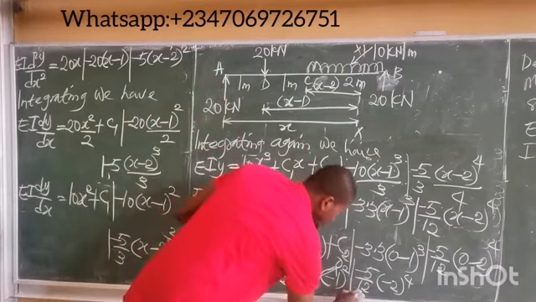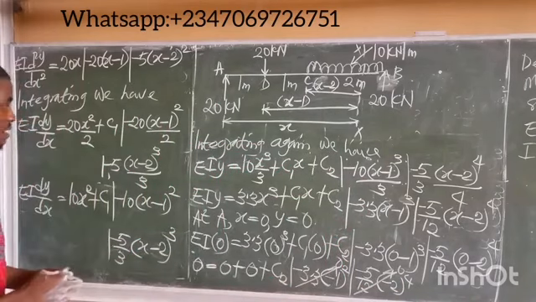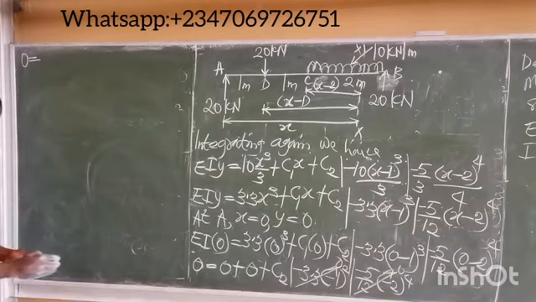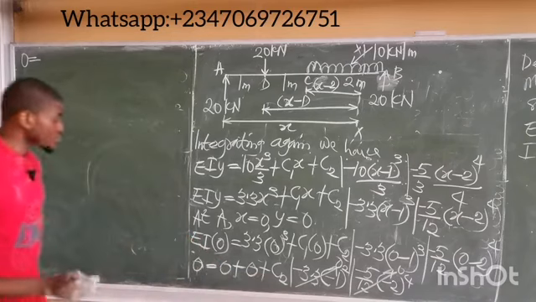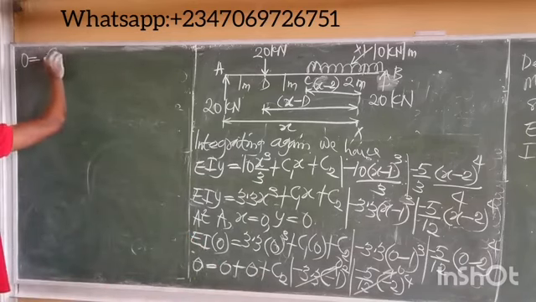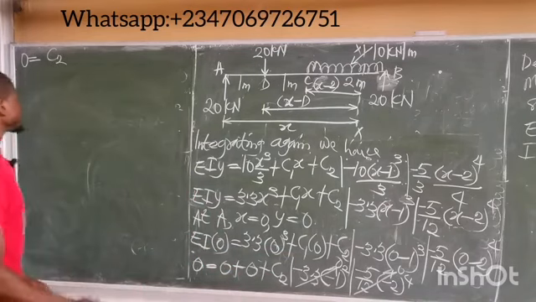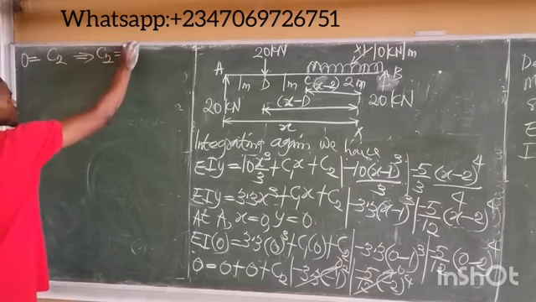So everything in this bracket automatically becomes 0. So those two are off. So it simply means that 0 is equal to 0 plus 0, which is still 0, plus C2. I'm left with plus C2. Since everything here is 0 automatically, this implies that C2 is equal to 0.